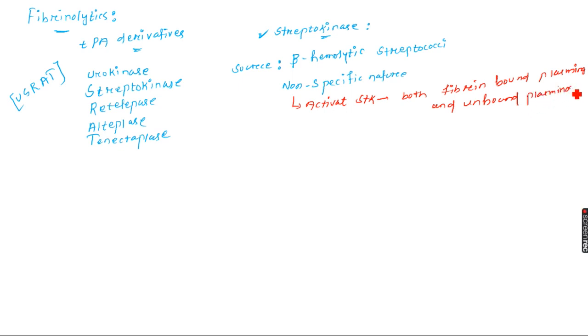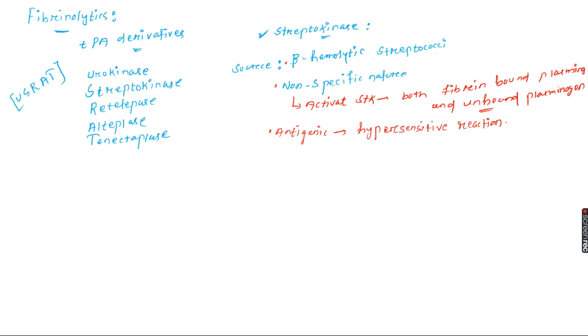This is the demerit, because unbound plasminogen has no role. Only the fibrin bound plasminogen needs to be activated. And one of the important points about streptokinase is that it is antigenic, so it can cause hypersensitivity reactions.